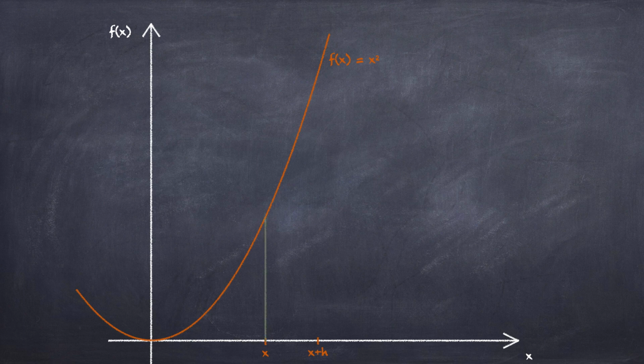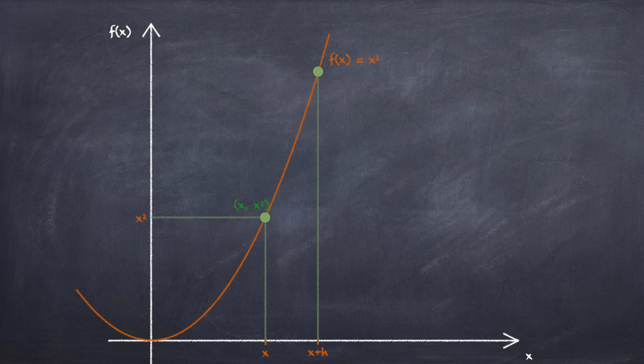We can draw a line, and we can draw another line, right? This is going to be x squared, so this is the point x comma x squared. Now let's draw another line all the way up to there.